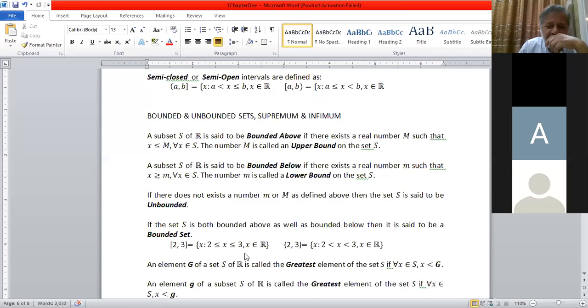We can have examples of bounded sets that are finite. That means we have only a finite number of elements in that. So finite set or infinite set is based on how many elements are there. If there are a finite number of elements, the set is a finite set. But if the number of elements in the set is infinite, only then it is an infinite set. But that infinite set can be bounded.